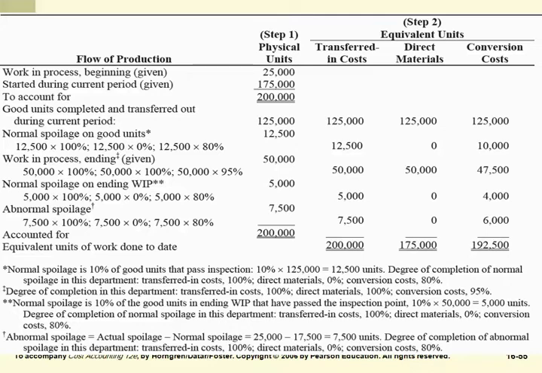Normal spoilage on ending work in process equals 5,000 multiplied by 80% equals 4,000. Abnormal spoilage 7,500 units multiplied by 80% equals 6,000. Equivalent units of work done to date under conversion costs 192,500.